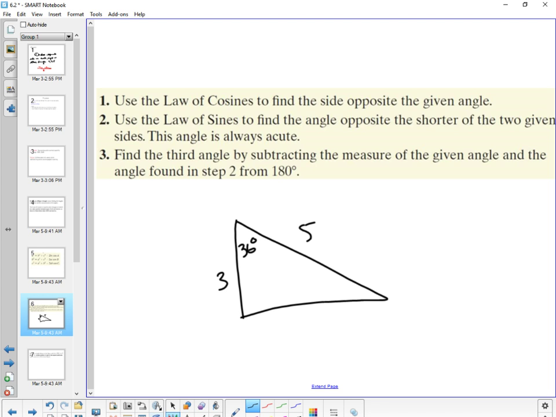Well, if you see this, that's a good indicator that you can apply the law of cosines to find this side right there, the side that is opposite to the included angle. That's what it's saying up the top.